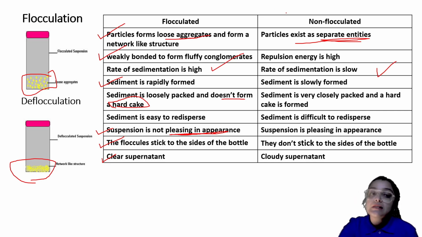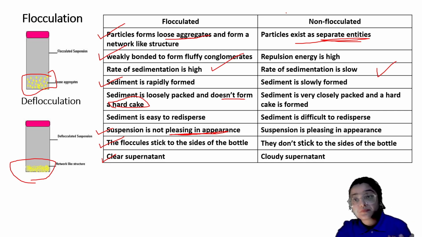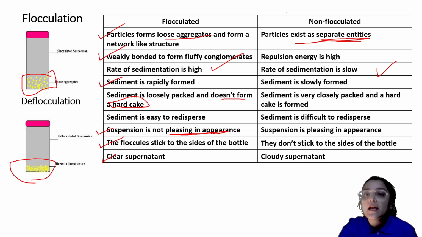Now in deflocculated or non-flocculated suspensions, the particles exist as separate entities because the repulsion among the particles is very high. The sedimentation is low compared to the flocculated ones. The sediment is slowly formed, while in the flocculated ones the sediment was rapidly formed.